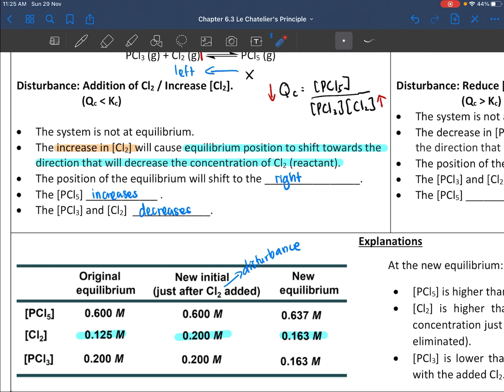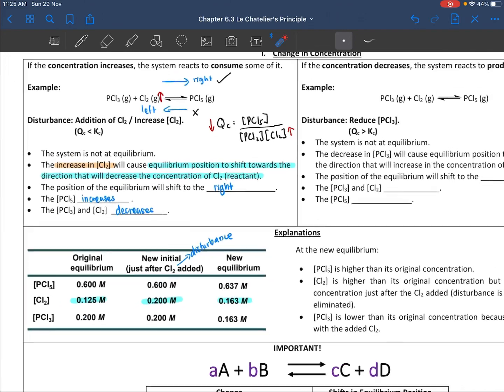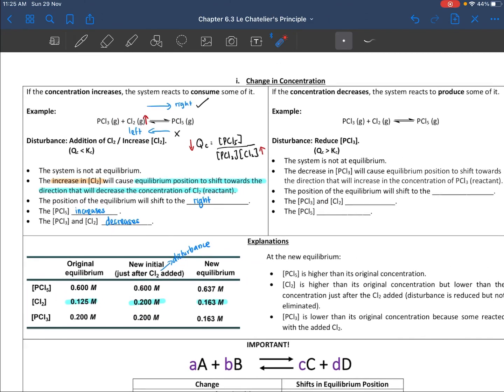Okay, so apa yang kita dapat dekat sini adalah, bila sistem tu capai equilibrium yang baru, concentration dia tak semestinya sama dengan sebelum ni lah. Okay, so kena ingat yang tu. Right, so at the new equilibrium, concentration PCl5 is higher than its original concentration, betul.